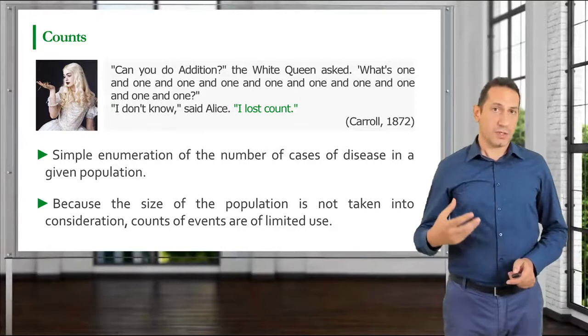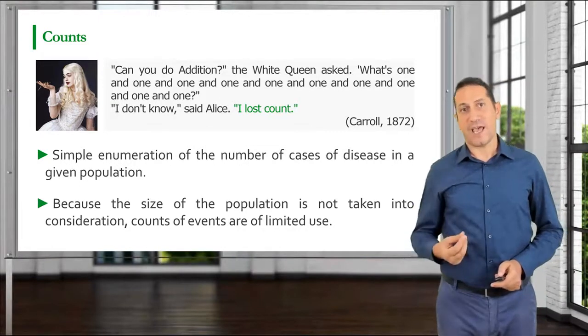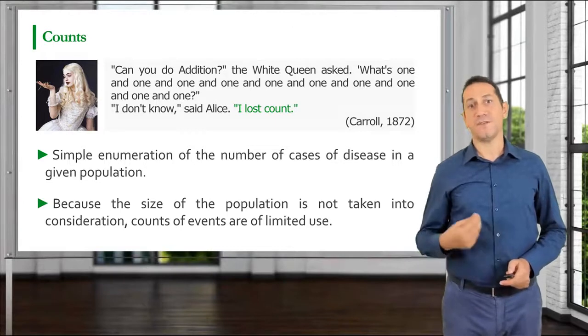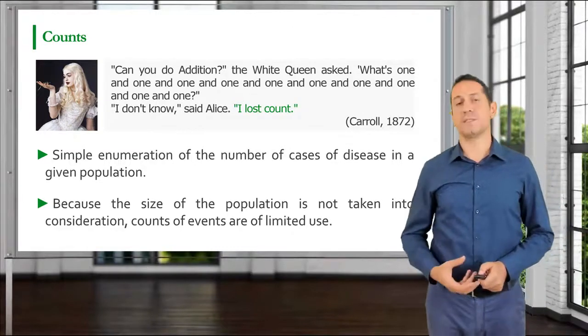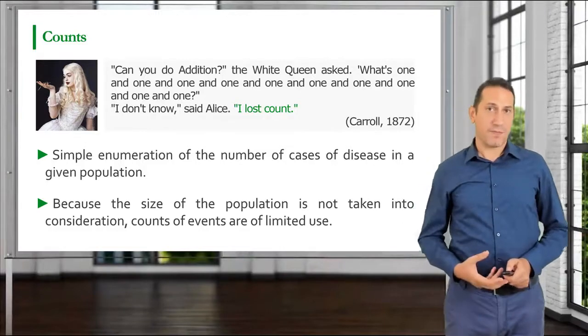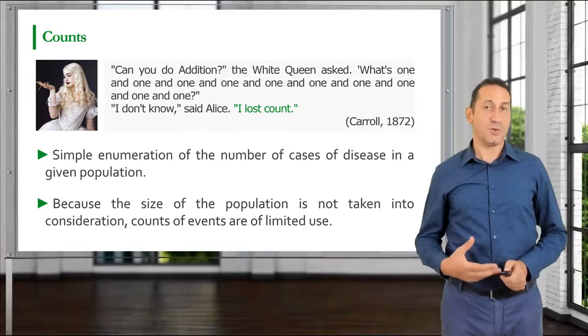So numbers of cases per se are limited information, but if connected to time or to the specific populations where they are derived from, they make sense. So it's most important not to lose count.